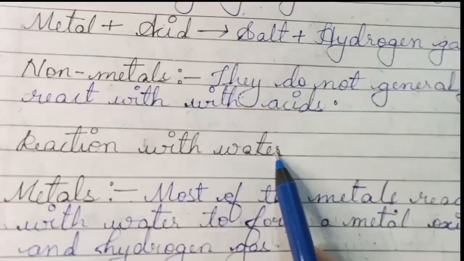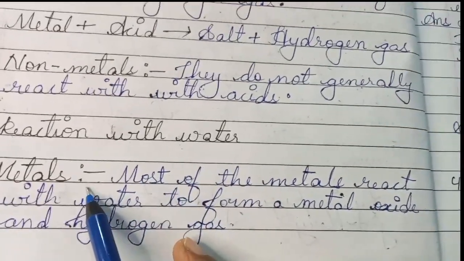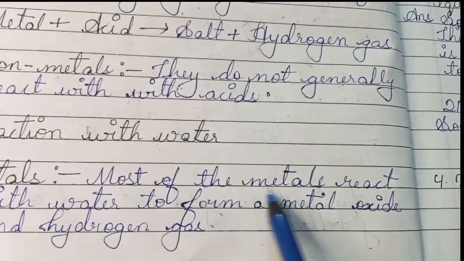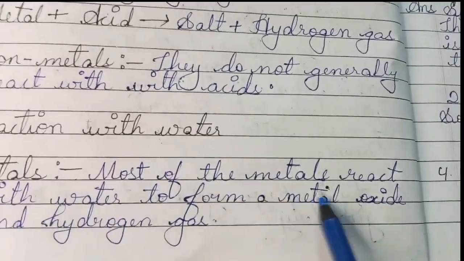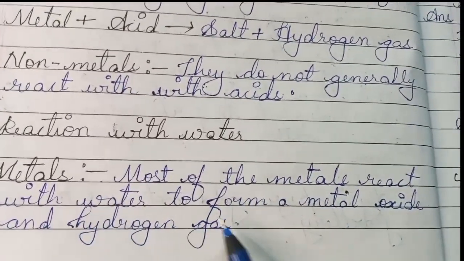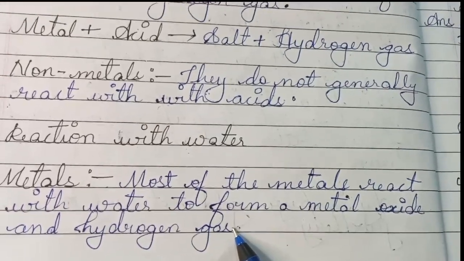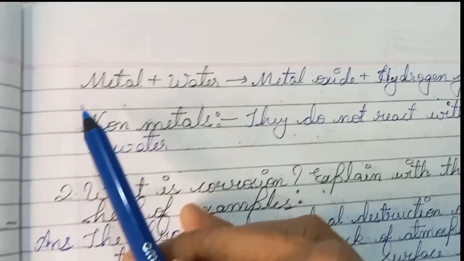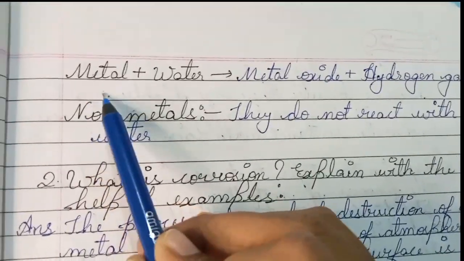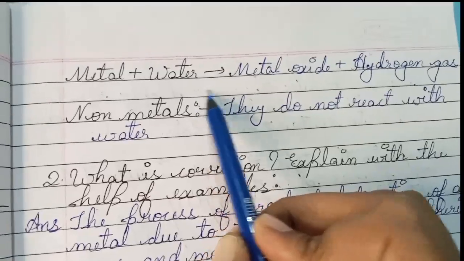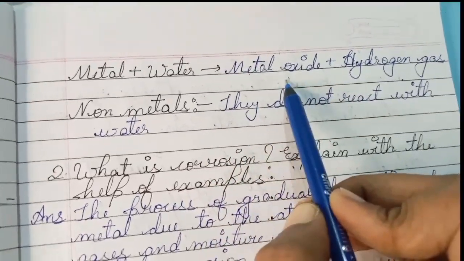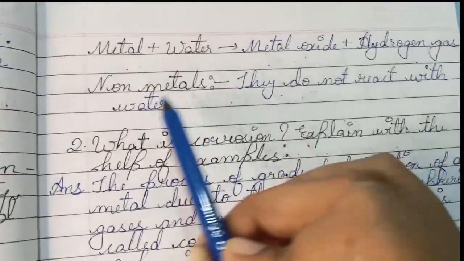Reaction with water. Metals, most of the metals react with water to form a metal oxide and hydrogen gas. Metal plus water gives rise to metal oxide and hydrogen gas.